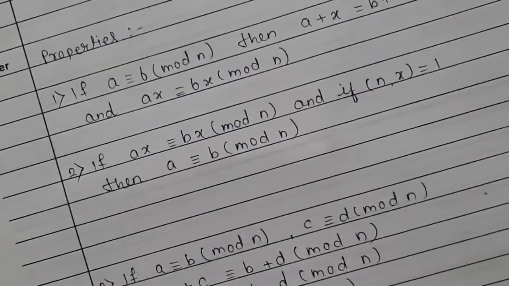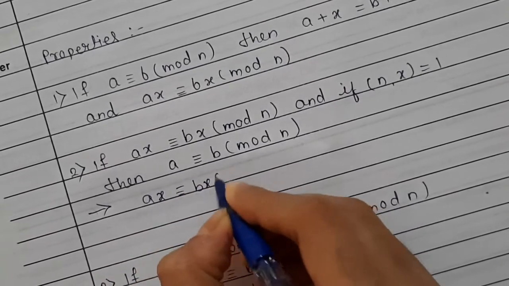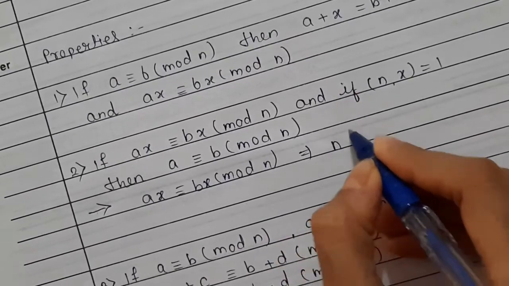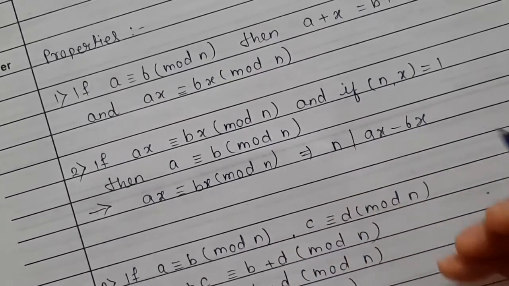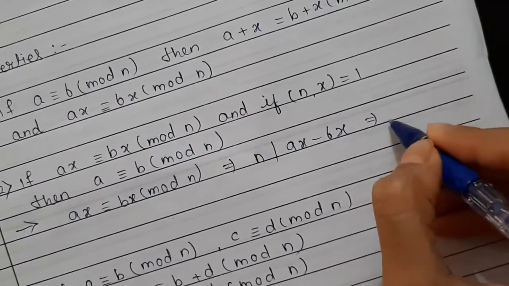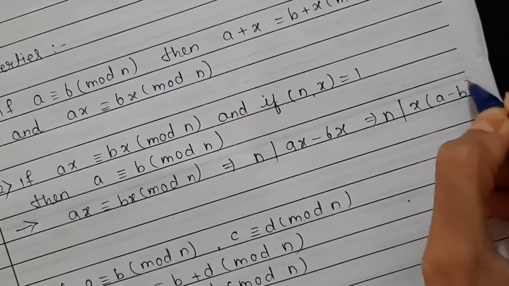Let's see quickly. We are given ax is congruent to bx mod n, which implies n divides ax minus bx, which implies n divides, taking x common, x times a minus b.